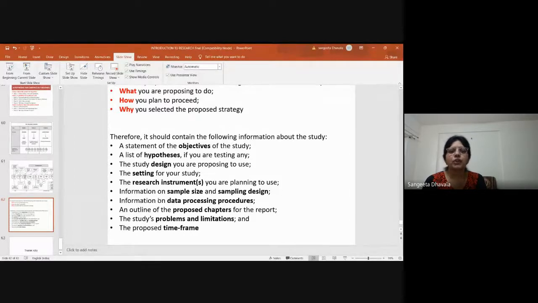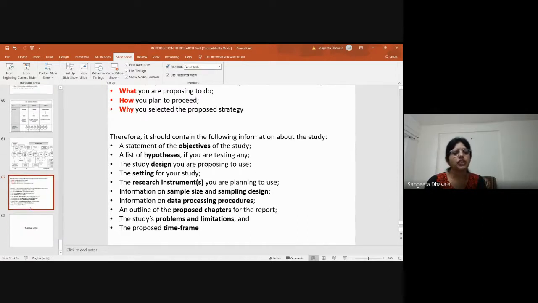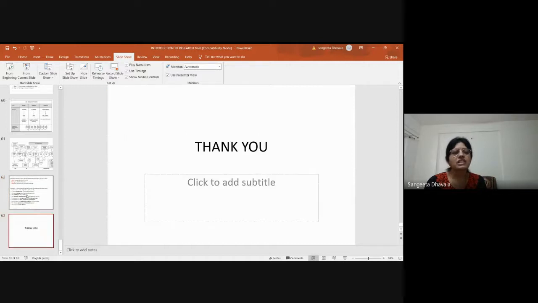And you need to provide information on data processing procedures. Like I said, we are going to use the SPSS, Statistical Package for Social Sciences. Then an outline of the proposed chapters for the report, and what are the various limitations that you may come across, or the shortfalls of your study, and how much time you are going to take to accomplish this entire research.